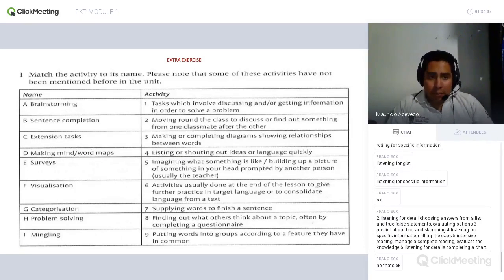Okay, you have the name of the activity and you have the activity's description next to them, in the other part, let's say. So I can help you with one, Francisco. Just let me know which one you have doubts on, which one you think will be very difficult to get, and I can help you with that one, and then you will continue with the others. Tell me, Francisco, which one do you think will be hard for you?